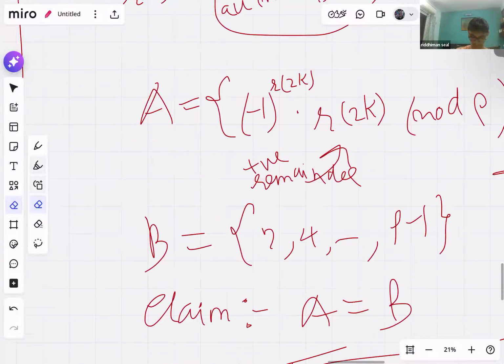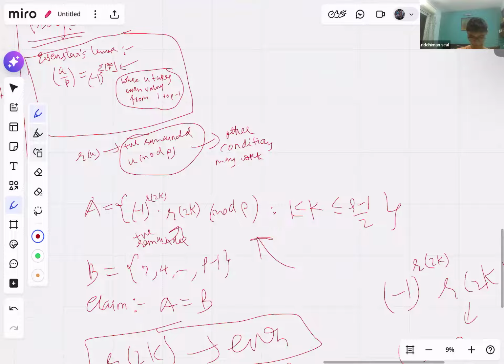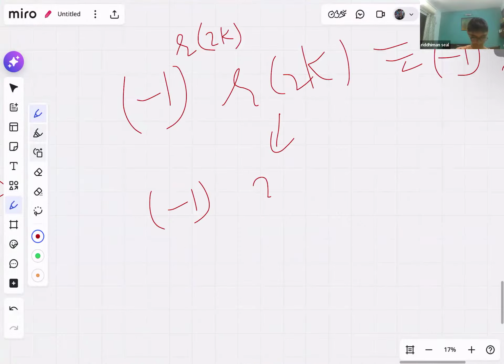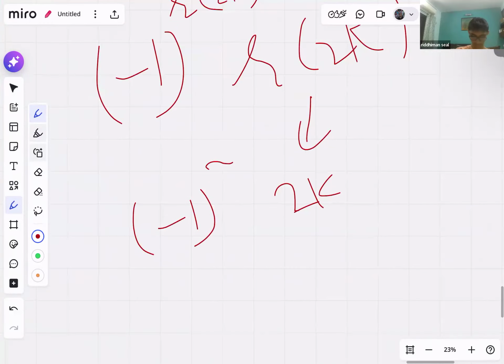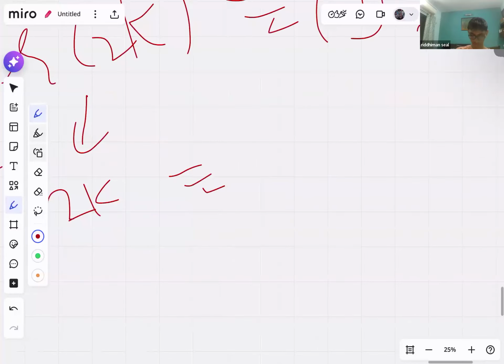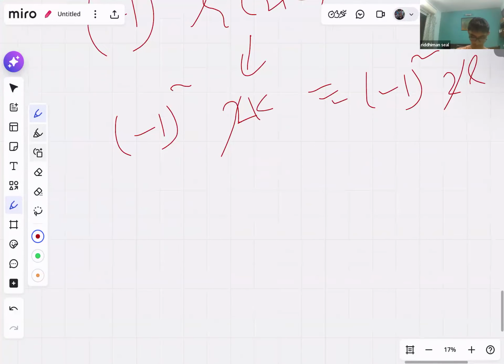For now, let it just be 2k times minus 1 to the power of something is congruent to minus 1 to the power of something times 2l mod p, and then you cut the 2's and you have k congruent to plus or minus l mod p.